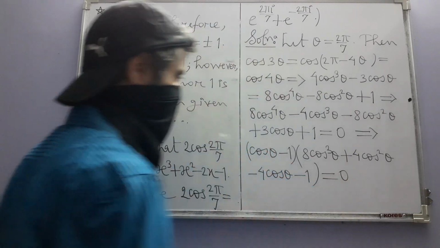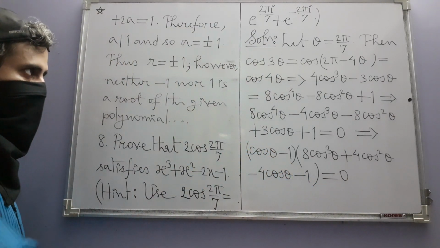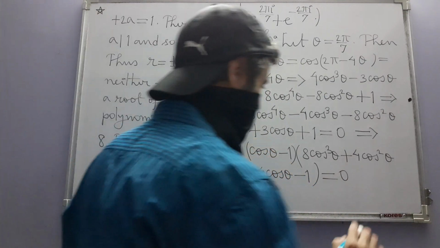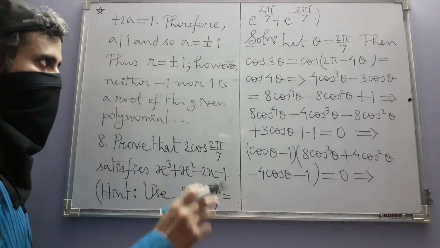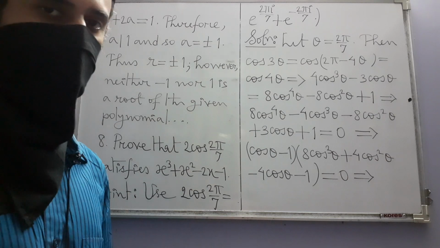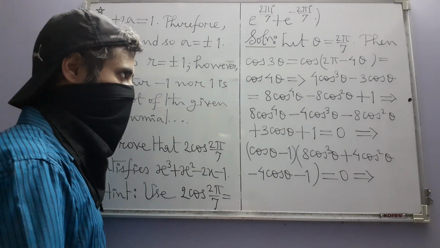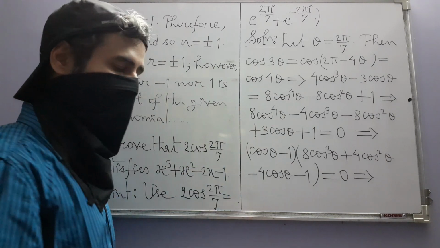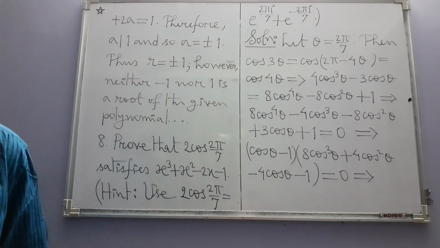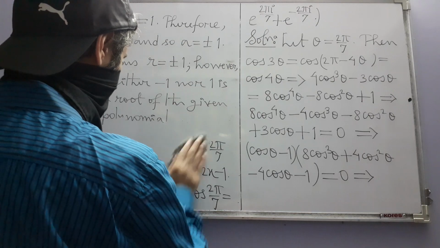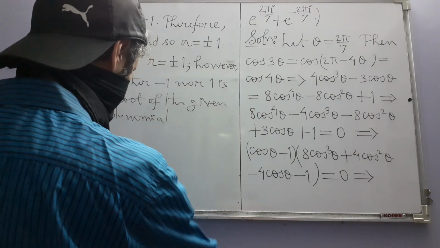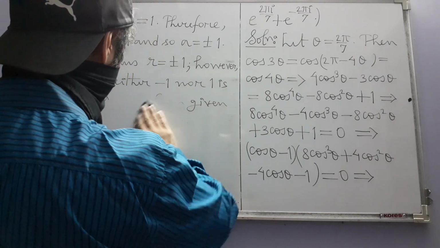This product should be equal to 0. Now this angle is an angle for which cos theta is not equal to 1 because it's an acute angle, we can see that, and in this region cos theta does not become 1.